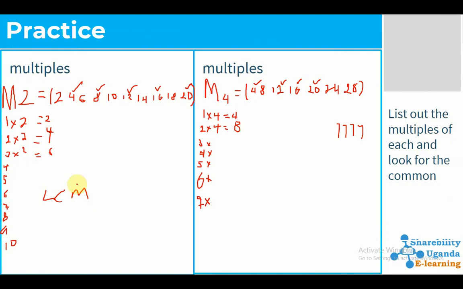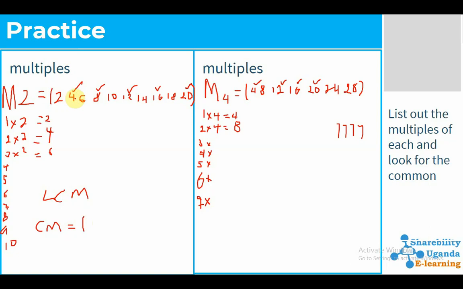Remember, we are going to first identify those common multiples. CM, we say CM, which is common multiples. Let us first see what are they in our list of multiples.